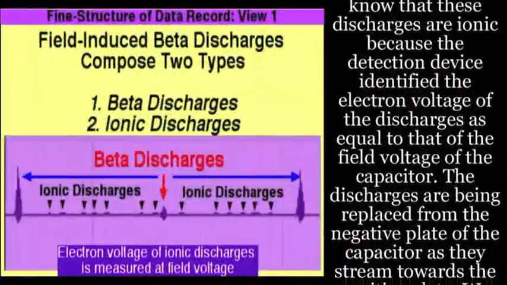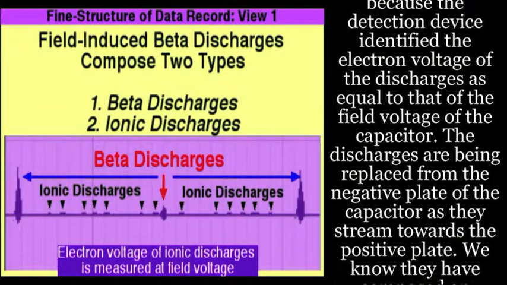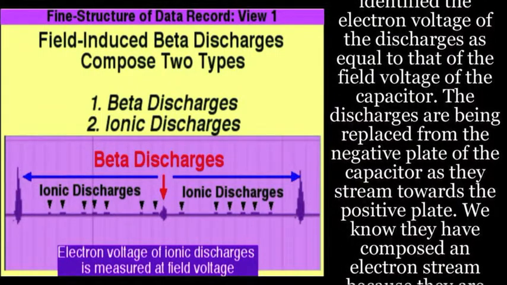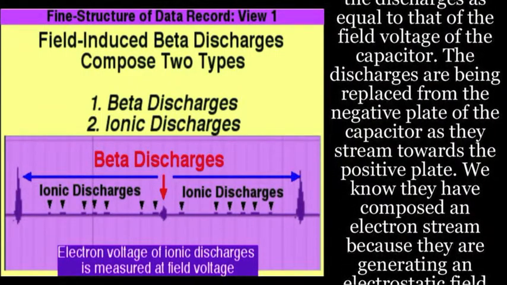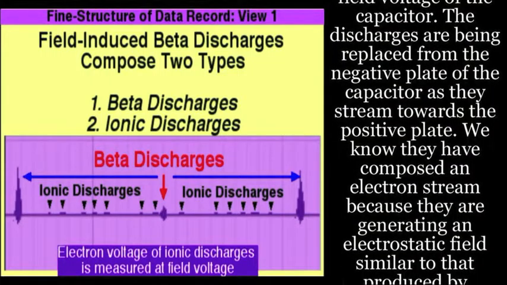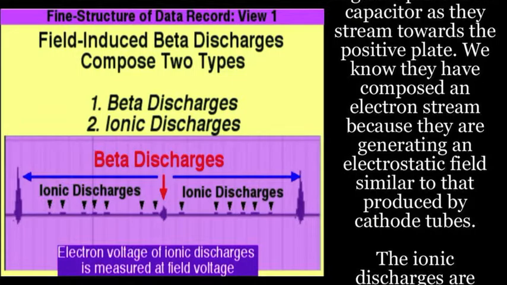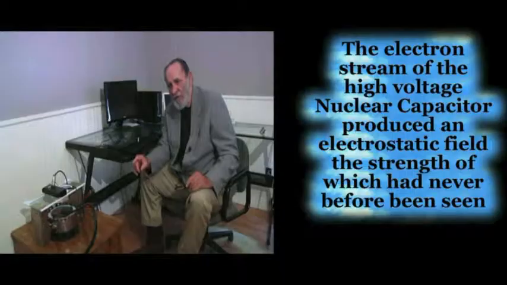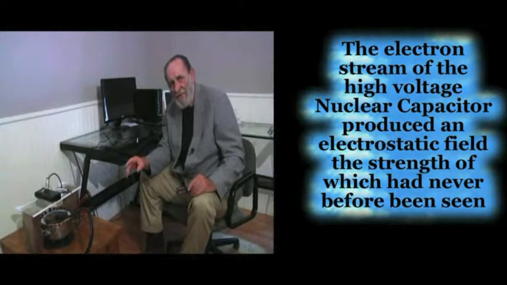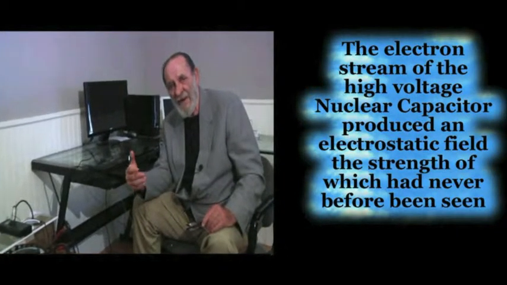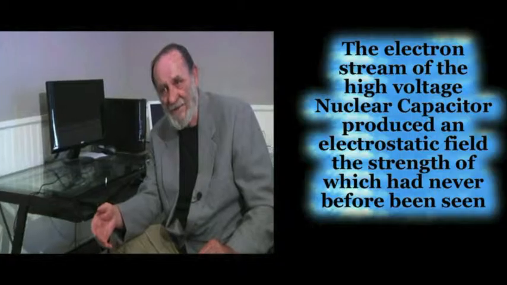The discharges are being replaced from the negative plate of the capacitor as they stream towards the positive plate. We know they have composed an electron stream because they are generating an electrostatic field similar to that produced by cathode tubes. We're projecting a strong capacitance field in the same way that cathode tubes might project a capacitance field.